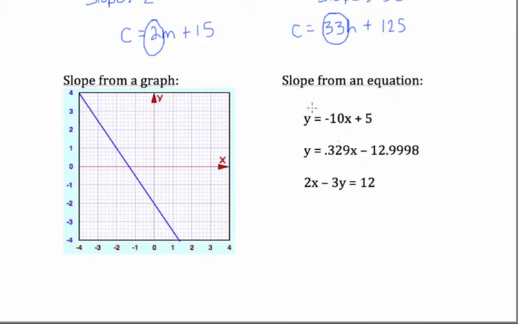To find the slope from an equation, you just look for the m number. It's the coefficient of the x term. So it'd be negative 10 in this case. 0.329. I want to add an example here.